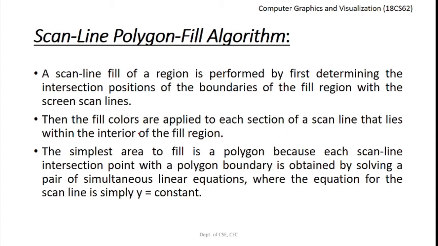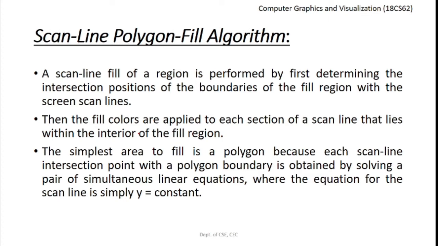So these are the intersections of the scanline against the boundaries of the fill region. Second, fill the colors on the scanline for the regions of the scanline lying in the interior of the fill region. Now, the simplest area to fill is a polygon.